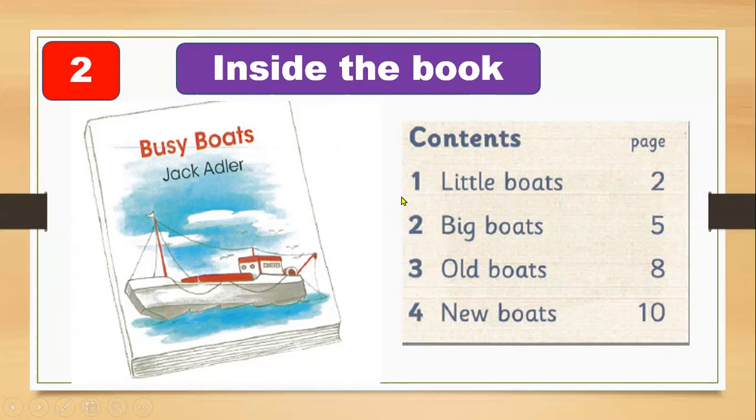Big Boats, Chapter 2, page number 5. Chapter 3, Old Boats, page 8. Chapter 4, New Boats, page 10. So here are the main important things for any book. So here you can see the page and find the lesson and topic easily.